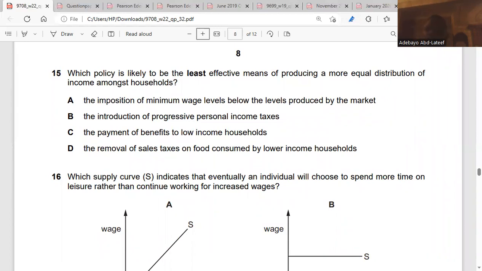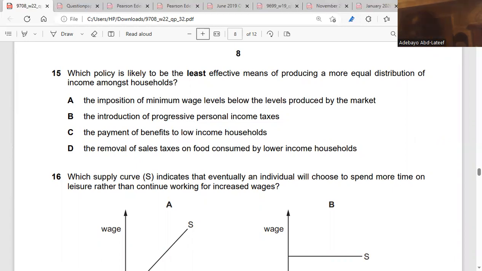Okay. They said government wants to make sure there's equal distribution of income. To do this, government must not set the minimum wage below the market equilibrium wage rate. The employers are willing to pay higher than government. Is government doing anything? Can that reduce income inequality?